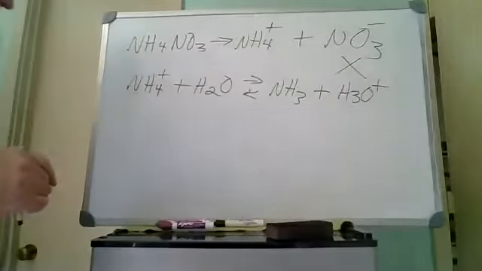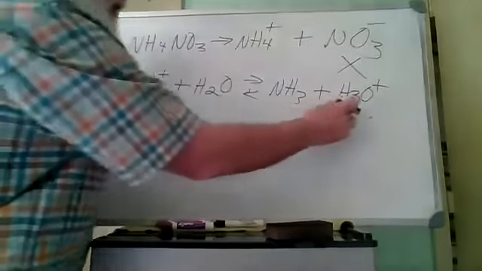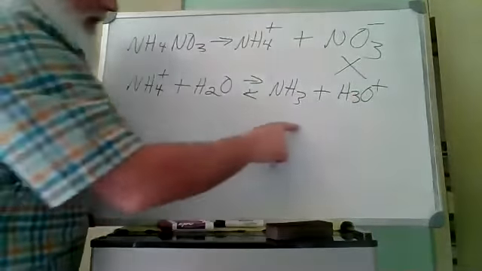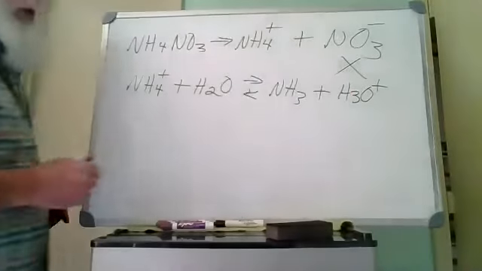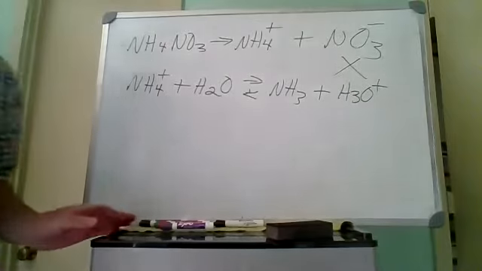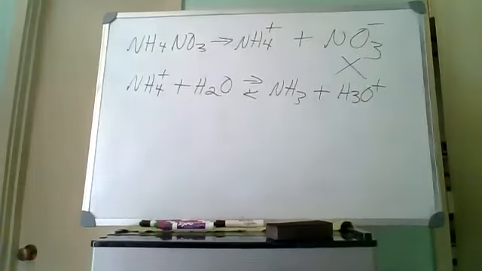So we should expect this solution to be at least slightly acidic due to hydrolysis of ammonium cation leading to hydronium ion. So we should expect at least a weakly acidic solution. All right, how about the next one?